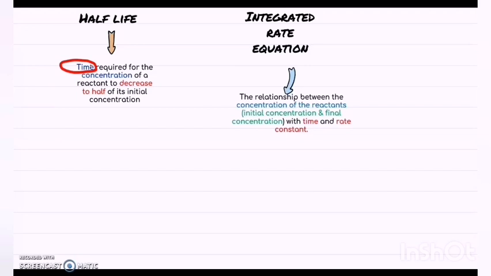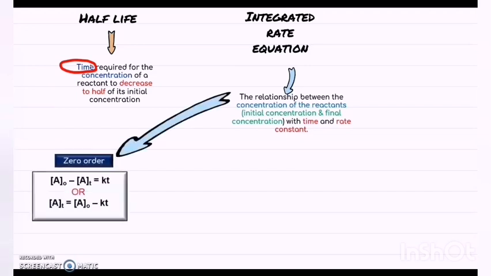So in this syllabus, we only focus on 3 orders of reaction, which is zero order, first order, and second order. Let's look at zero order. So this is the integrated rate equation of zero order that you have to remember because we will apply this in the calculation.